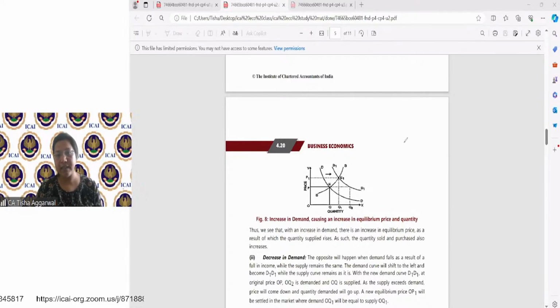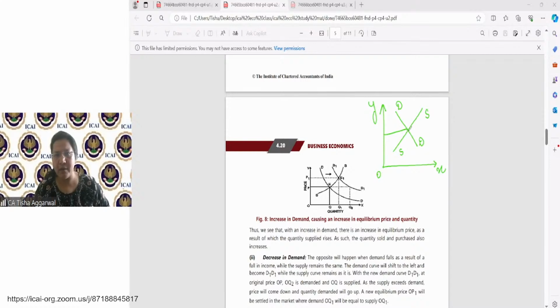Let's talk about decrease in demand. Okay, I will draw a diagram here. X, origin, Y, original demand, original supply, original equilibrium price, original equilibrium quantity.